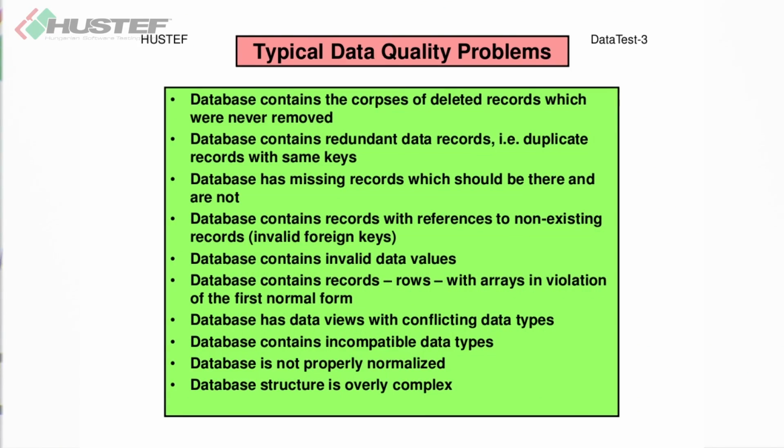So these are typical data quality problems, things that you should be looking after when you're checking the data. The corpses of deleted records are still there. It has redundant data records with duplicate keys. The database has missing records. At some point they got deleted and should not have been.